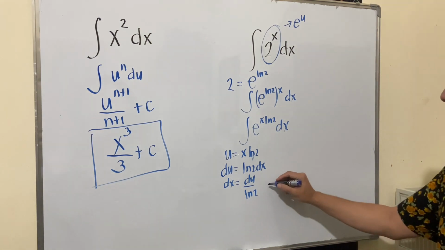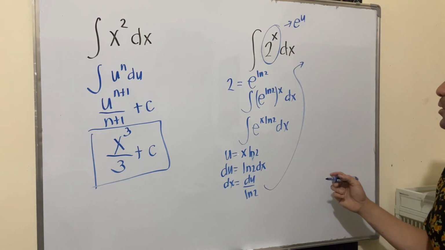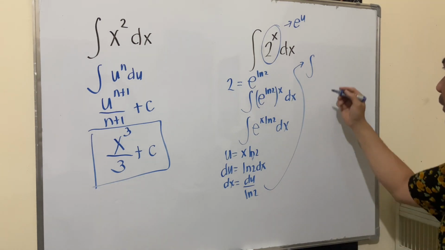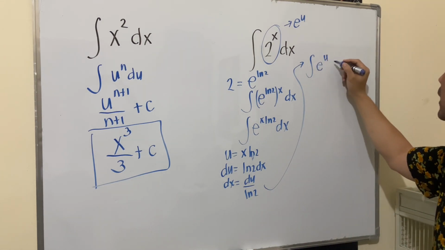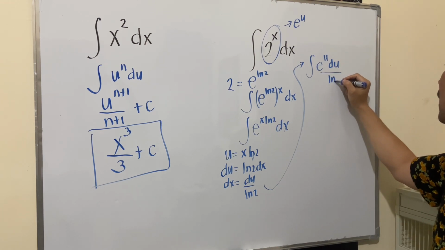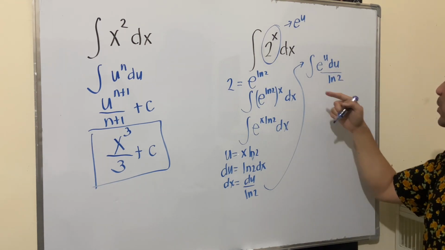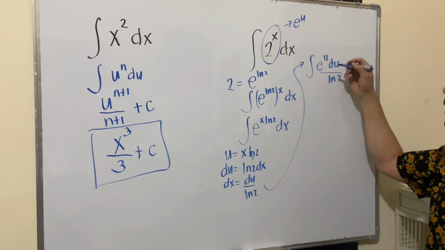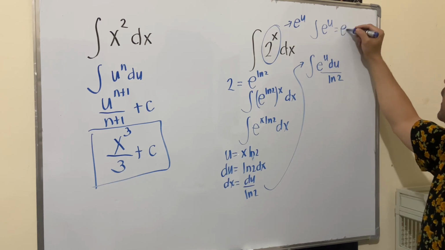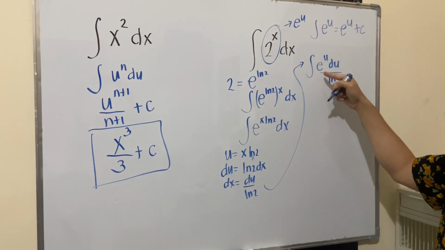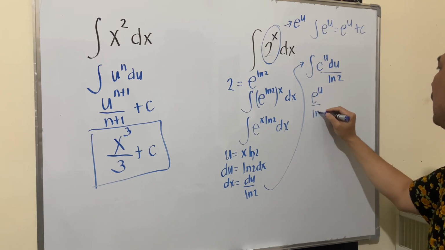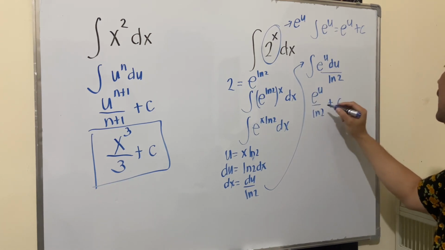Moving further, what you will have now is the integral of e raised to u du over ln 2. As we all know, the integral of e raised to u is equal to e raised to u plus c. So in this case, you have now e raised to u over ln 2 plus c, okay?